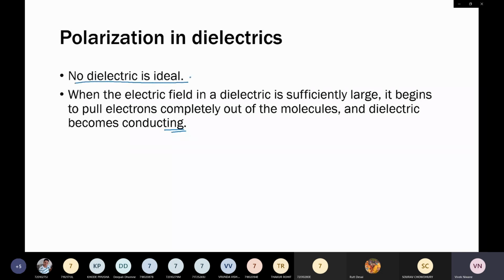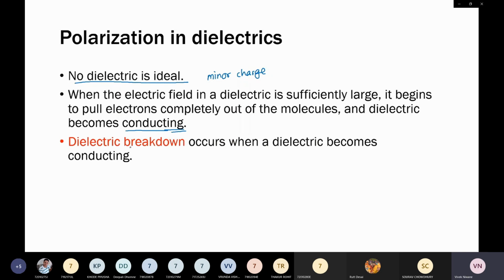What do you mean by no dielectric is ideal? It means it will have some minor charges. Major free charges, electrons, remain in a conductor, but in a dielectric material we will also have some free charges. Those free charges will flow through the medium under the influence of the electric field, and as soon as they flow, it becomes conducting.